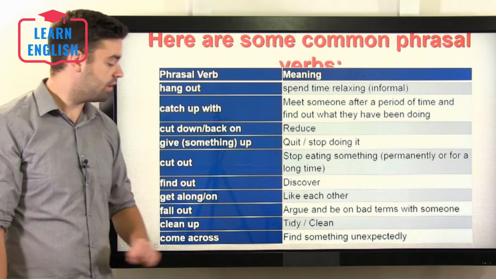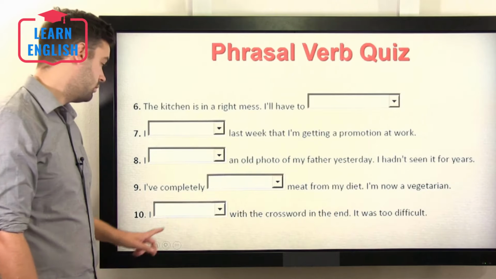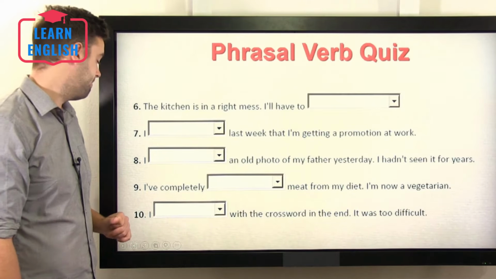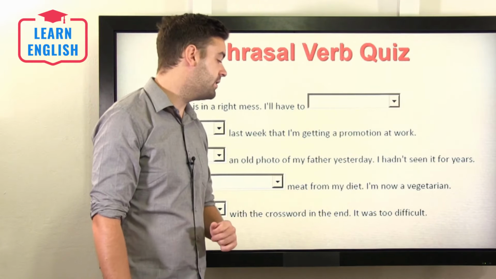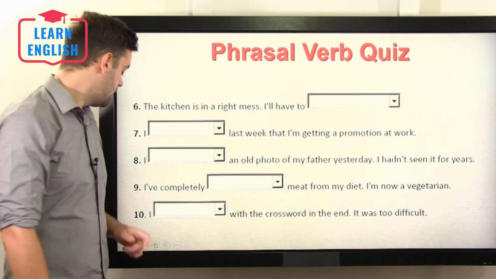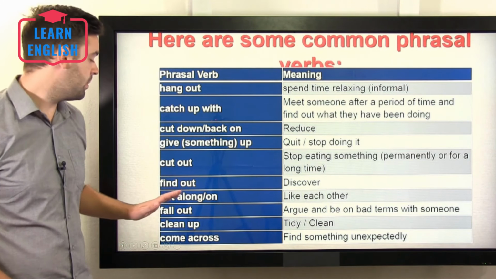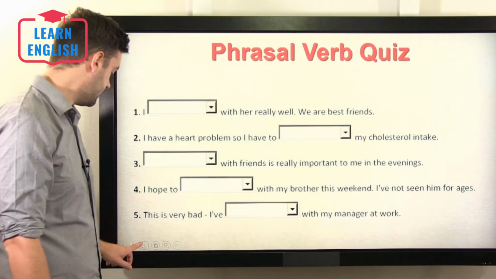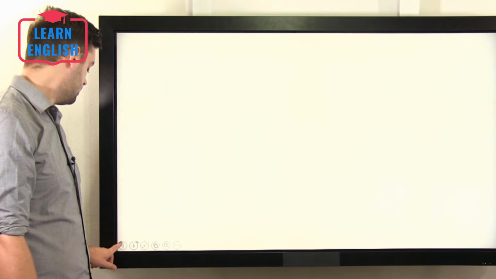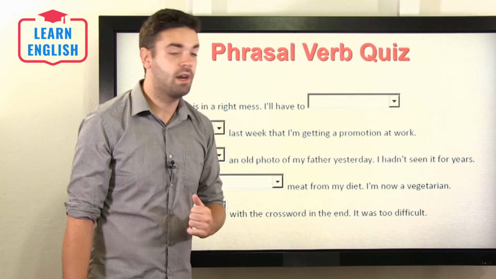I came across a photo of my father yesterday. Number 9: I've completely blank meat from my diet. I'm now vegetarian. When you get rid of something completely, stop eating it, cut out. Yes, very good. I've completely cut out meat from my diet. I'm now a vegetarian.